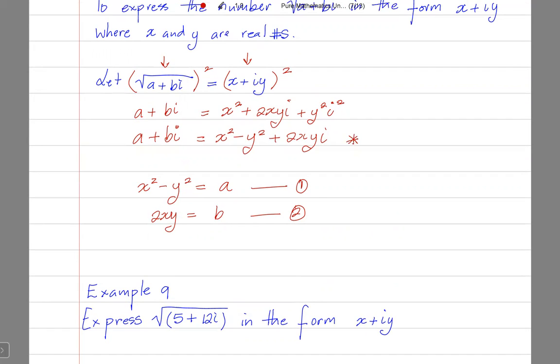So the real part, x squared minus y squared, is equal to the real part on the other side, which is a. Okay, sir. I guess I just blanked out and wasn't listening. But it's fine. And the imaginary part, 2xy, is equal to the imaginary part, which is b.